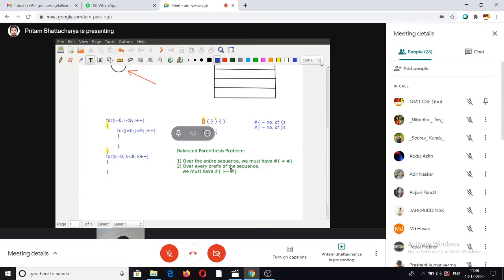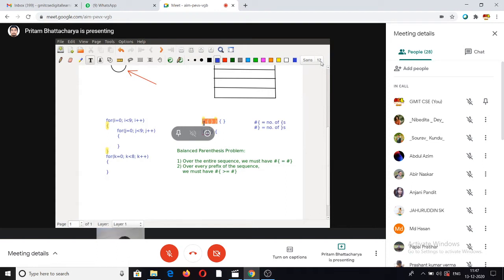So this satisfies condition 2, right? Let's consider the prefix of length 2. Here the count of opening braces is 2 and closing braces is 0, so once again it satisfies this condition. What about the prefix of length 3? Once again the count of opening is 2 and closing is 1, so 2 greater than 1 is satisfied.